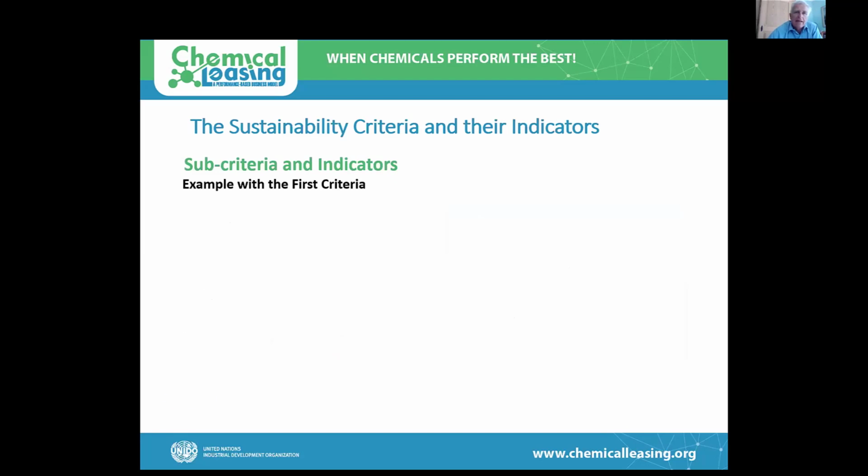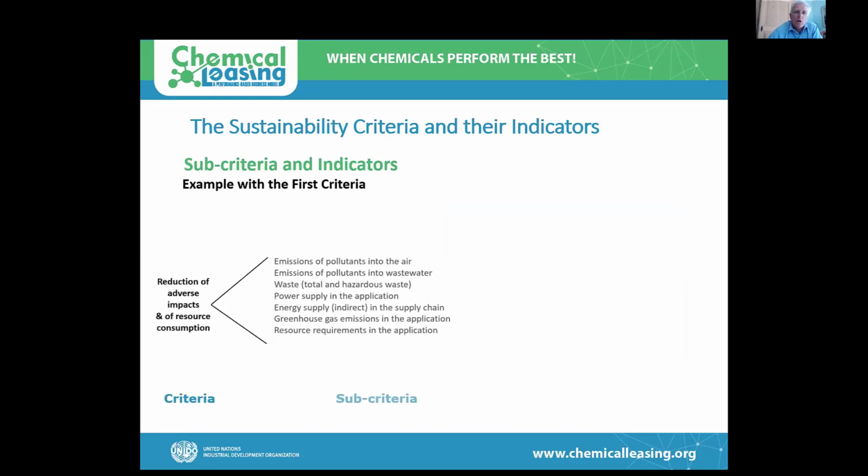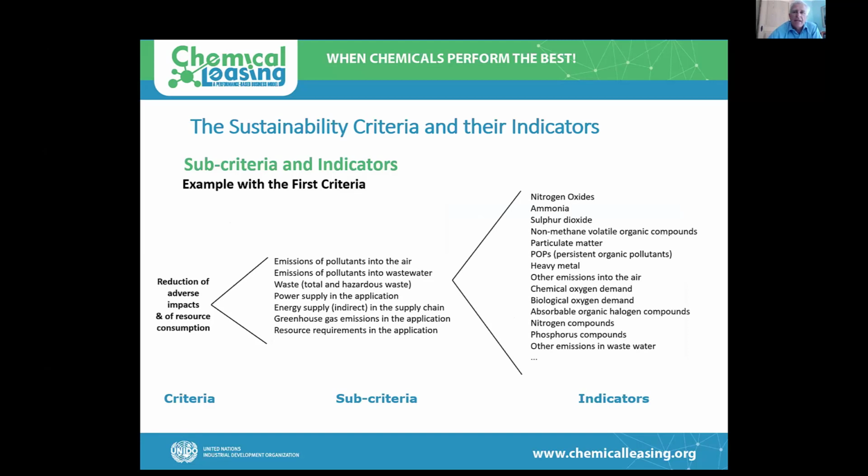And I give you just a quick overview here, and then my colleague Luis will go more in detail on how this tool works. Again, the basic principle is these overall criteria, like here, reduction of adverse impacts, are broken down to sub-criteria. This means reduction of emissions or pollutants into air, reduction of emissions of pollutants into wastewater, and so on.